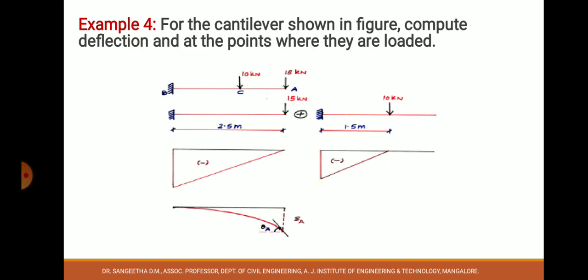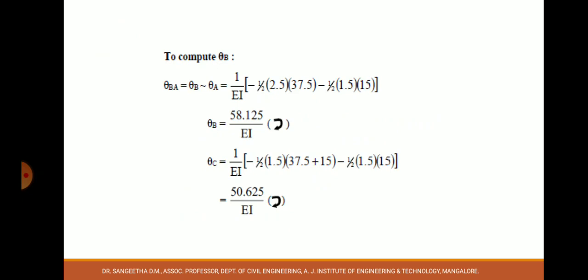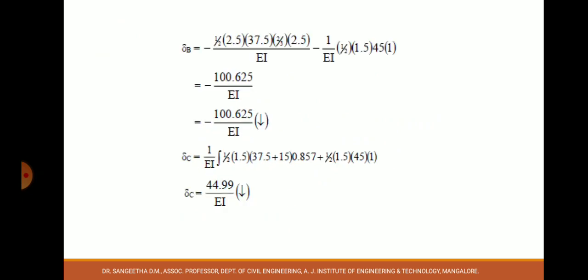For this area, the CG distance is 2/3 of 1.5. So that's how the distances have to be considered. So deflection C is noted down. The answer is negative, so it is downward.